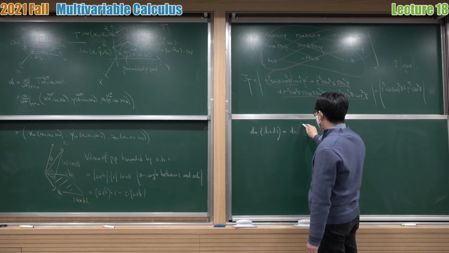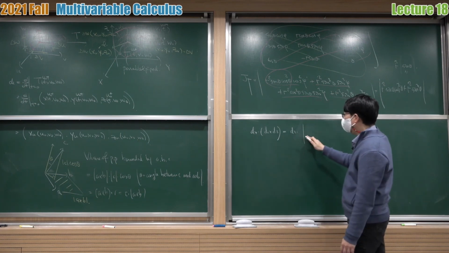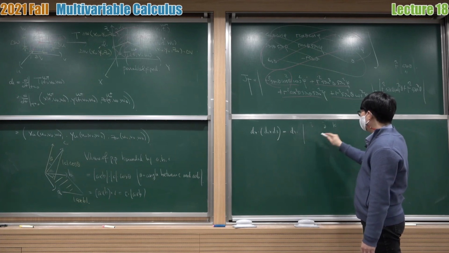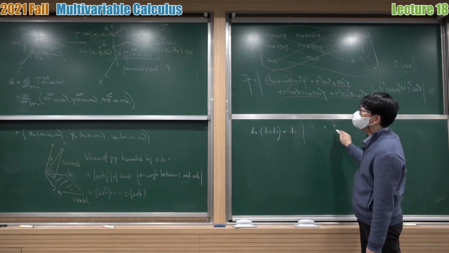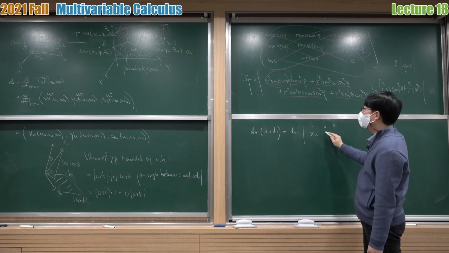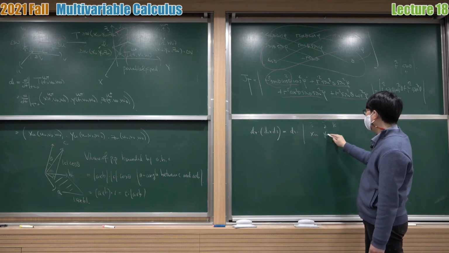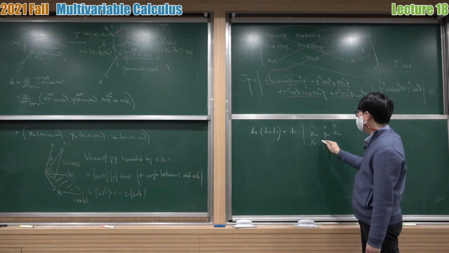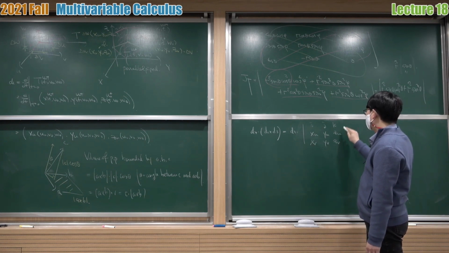So D3 is D3, but the D1, D2 cross product can be given by the ijk of D1, which is xu, yu, and zu, and xv, yv, zv, okay?